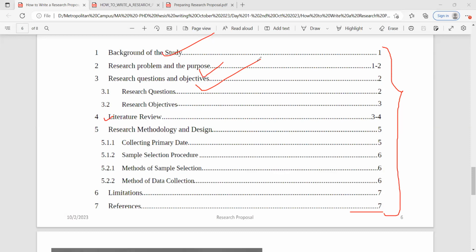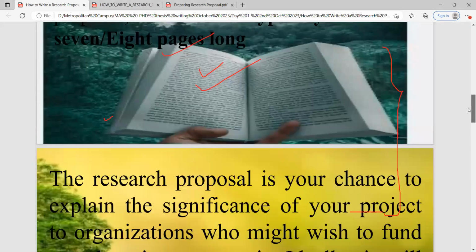Normally, the references are not included in these 4 to 8 pages. Apart from that, you can include references according to the way you have collected your secondary information. So nearly 4 to 8 pages, you can write for your research proposal.